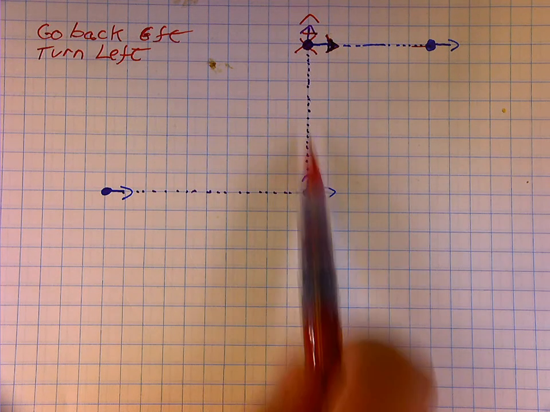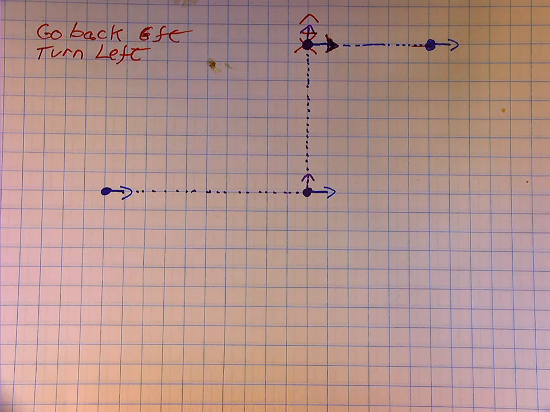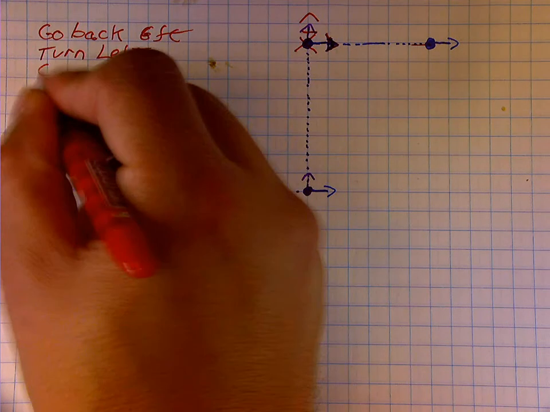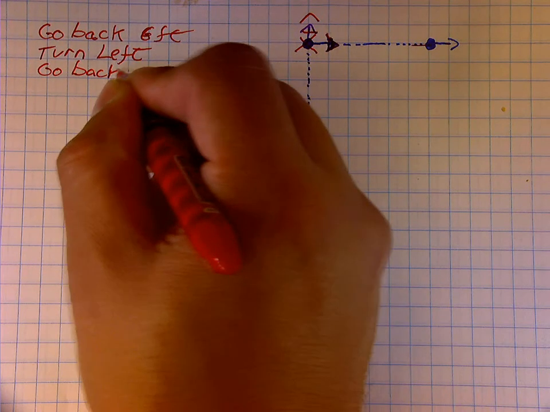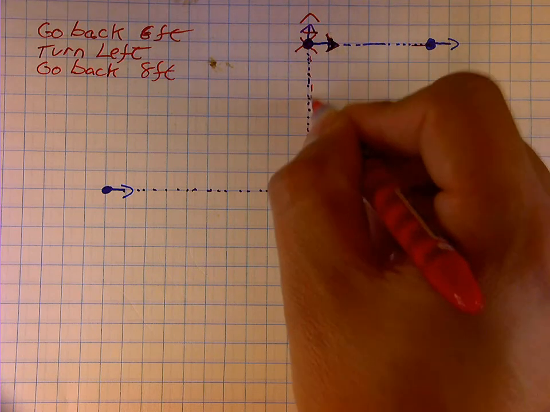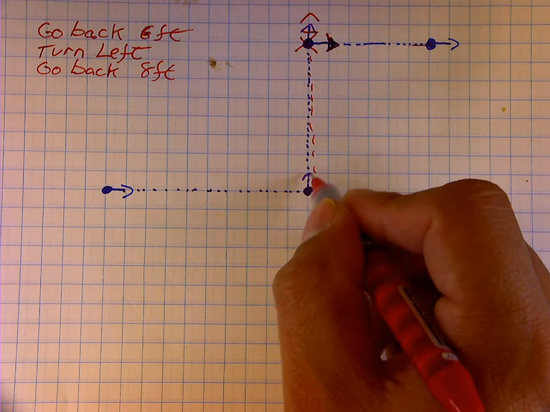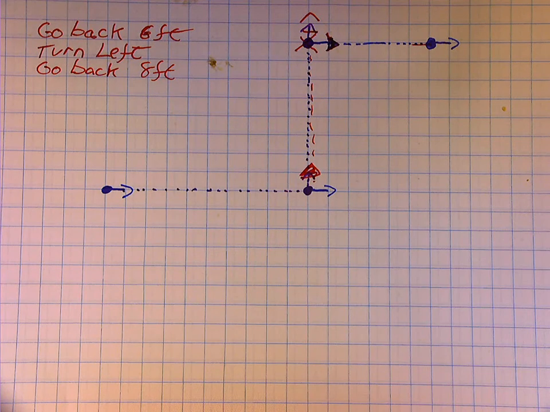I want you to get back down to this position, facing the same direction the whole way, which means you will have to go back 8 feet. So now you're traveling down here. You end up at this position still facing this direction.